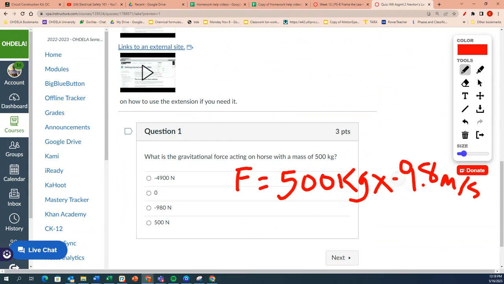We're going to use a negative number in here because it's directed downward. So that is 4,900 newtons, or negative 4,900 newtons.